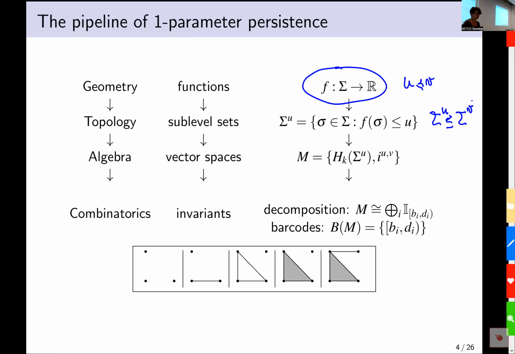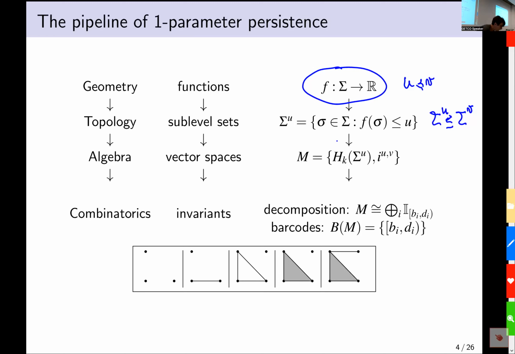And so it is a nested family of spaces, and then we can apply the homology functor, and each of these subcomplexes becomes a vector space, because usually we work with coefficients in a field. And for each inclusion we have a linear map connecting those vector spaces.